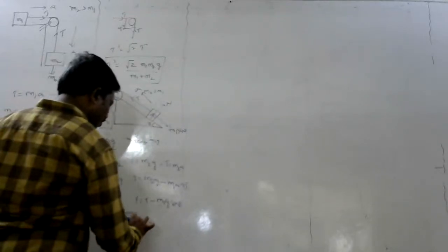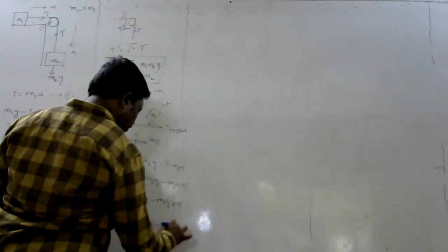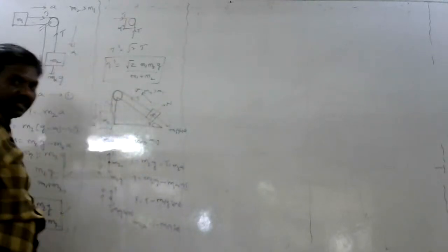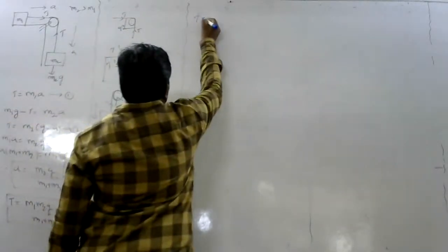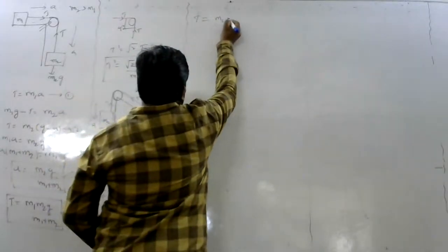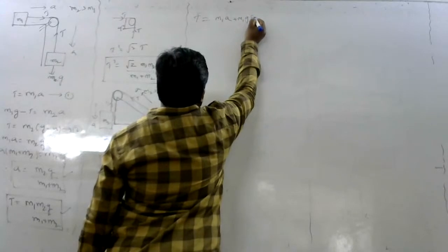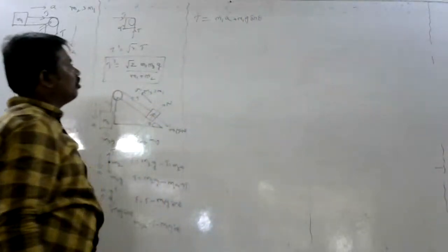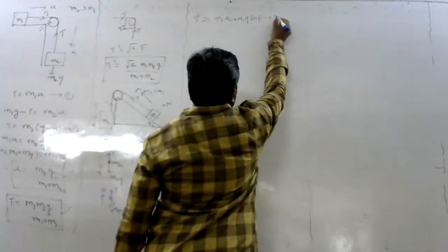F means m1 a, so m1 a is equal to T minus m1 g sin theta. From this, T is equal to m1 a plus m1 g sin theta. This is equation 2.